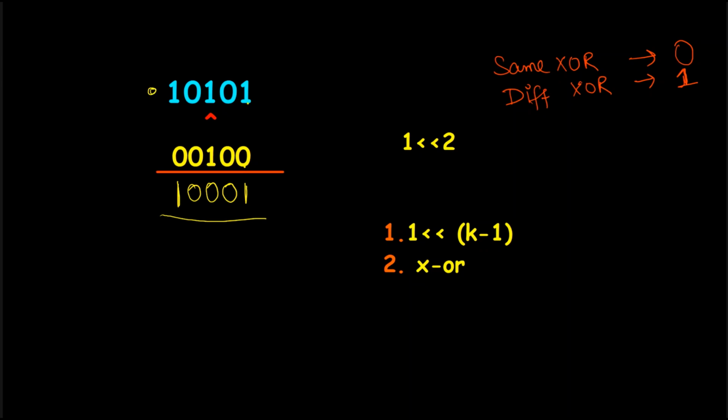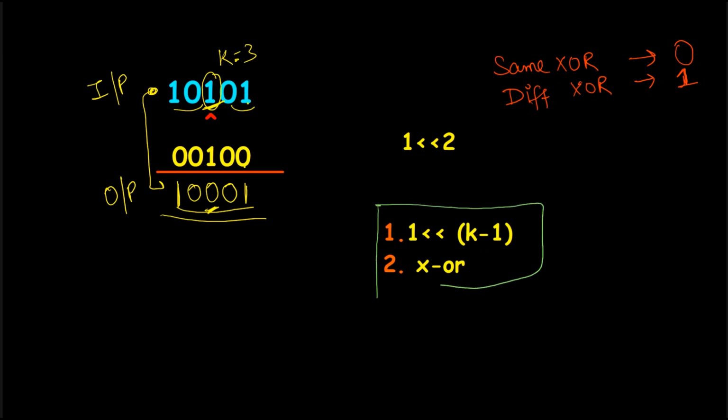Now we compare the input with the output, we can see that at k is equal to 3, 1 became 0, and the rest of the values are the same. So here we have to perform 2 operations. First, left shift by k minus 1 and then XOR with the input.